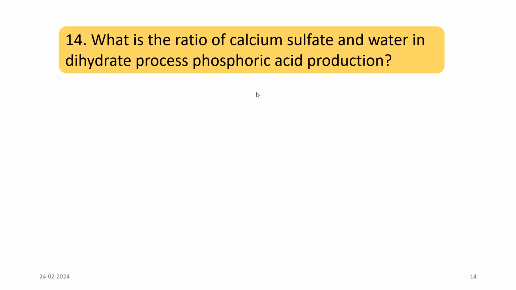Next question is: what is the ratio of calcium sulfate and water in the dihydrate process of phosphoric acid production?